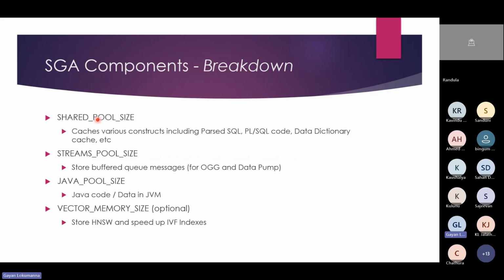This particular index is more into memory, so it resides in memory, and we also have IVF indexes. These IVF indexes will be used in order to improve the performance of vector searches, right?